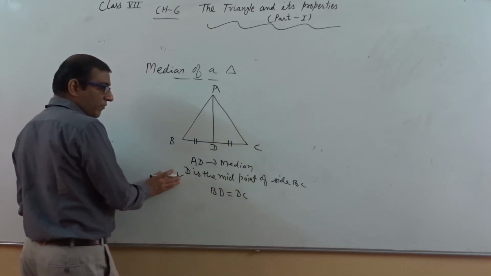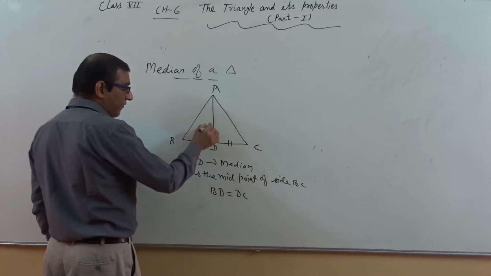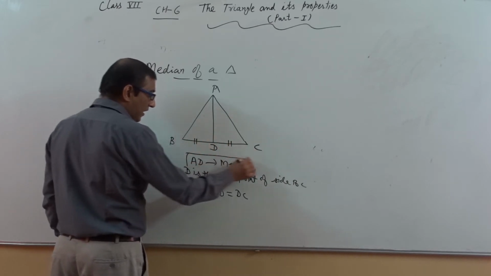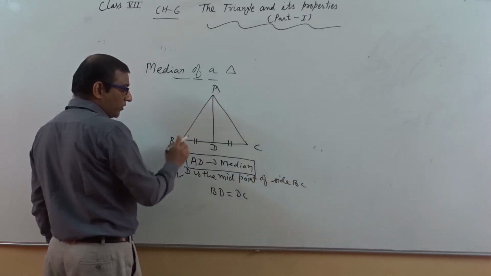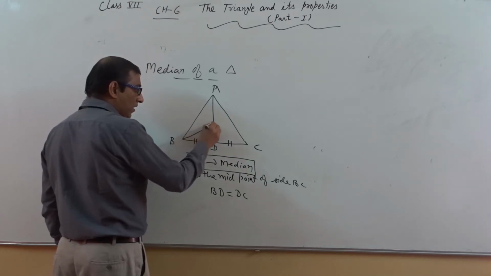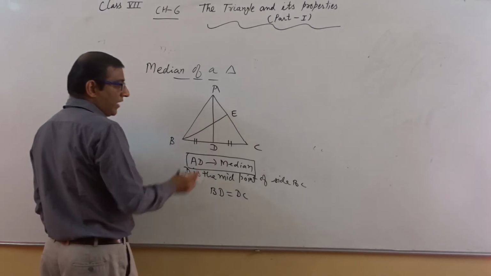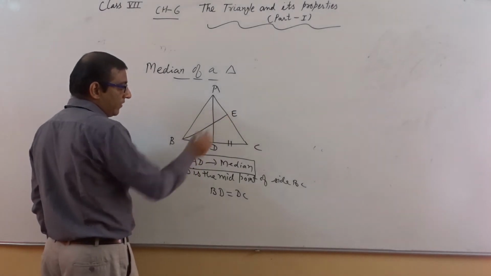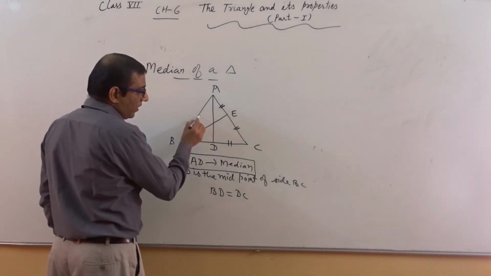If D is the midpoint of side BC and BD is equivalent to DC, then we can say AD is the median of a triangle from vertex A to opposite side BC. If I draw one more line segment here, it is represented by BE, then we can say BE is also median. It means AE and EC both are equal.